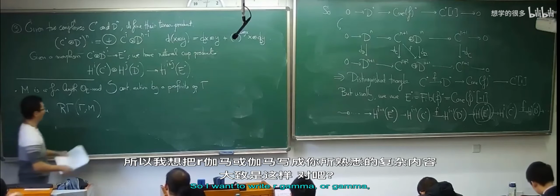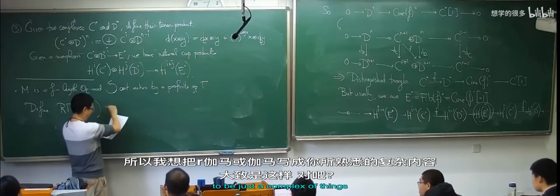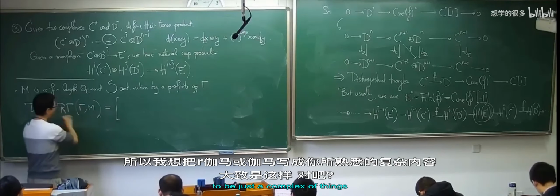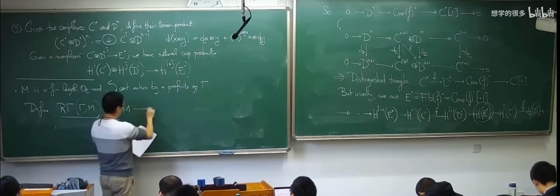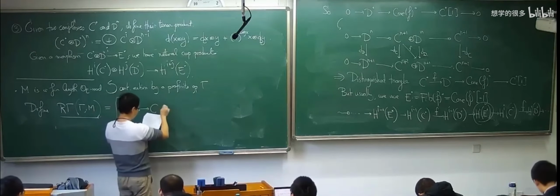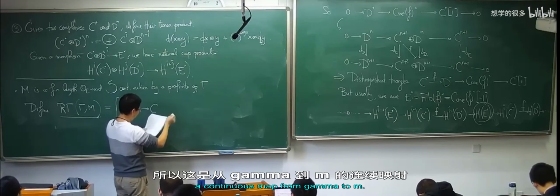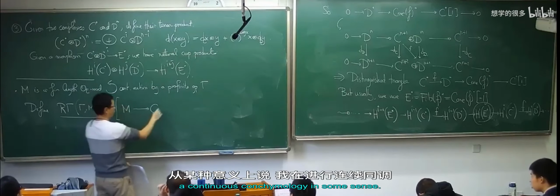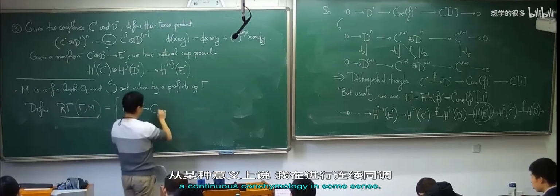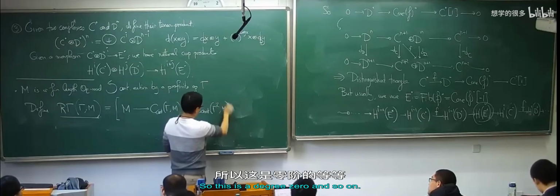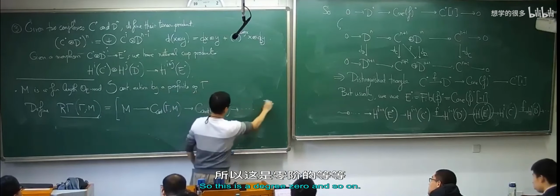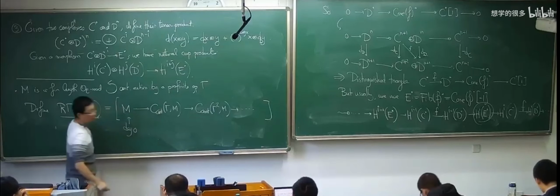So I want to write R Gamma of Gamma, M to be just the complex of the things you're familiar with. This is C0, this is C1, a continuous map from Gamma to M. I'm taking continuous cohomology in some sense. This is in degree 0, and so on. This is the usual map D. This is how you define group cohomology.